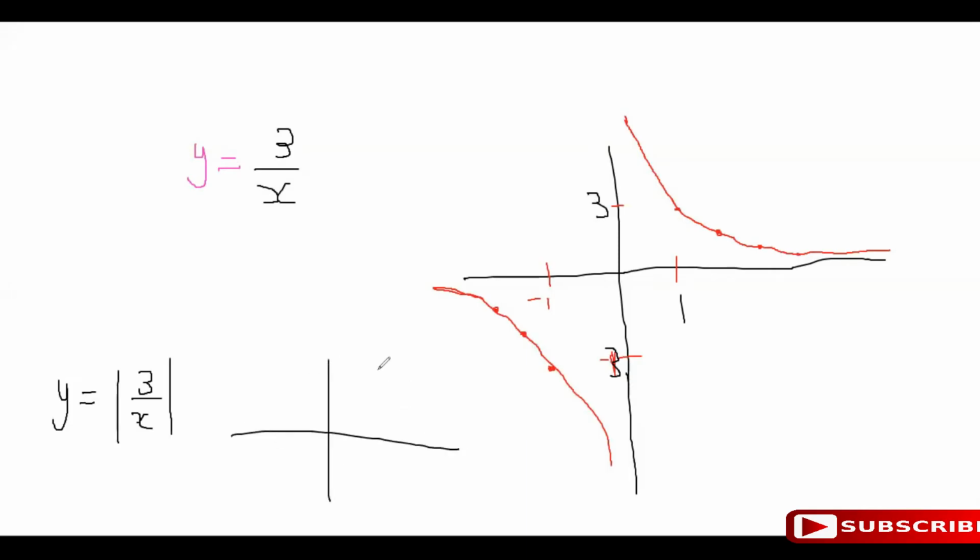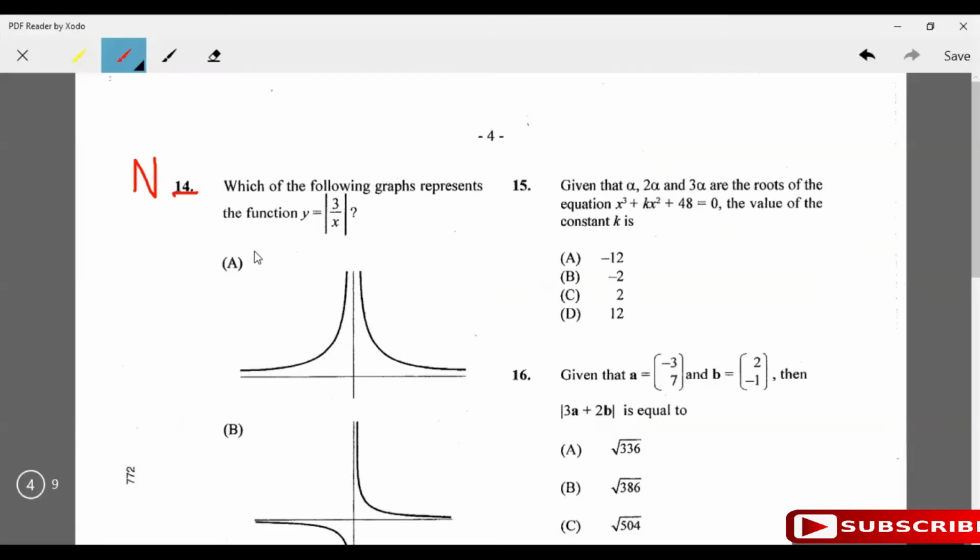So we reflect this bottom part over the x-axis, and it becomes like this. That's the graph of y equals the modulus of 3 over x. We just reflect this side above the x-axis. So that's a very easy question, and that is option A.